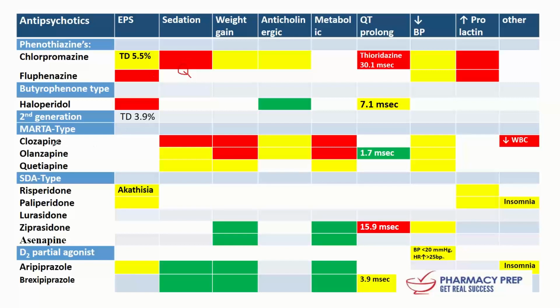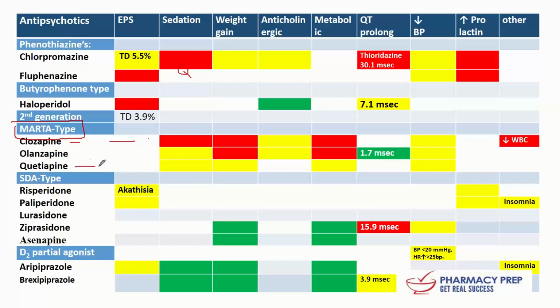Next is the second generation, especially the multi-active receptor antagonist type of second generation antipsychotic drugs. Clozapine has a higher sedation, and olanzapine and quetiapine both have this sedative effect.